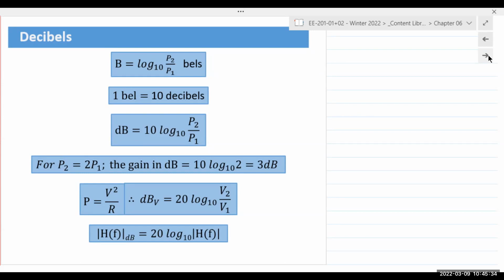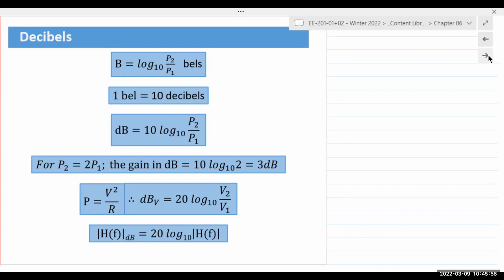So the ratio of the powers. For a normal human ear, the perceptible level is 3 dB. So if you have an audio system, sometimes instead of just numbers, the display would give you the level in decibels.